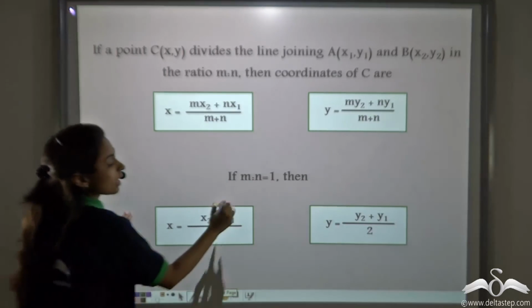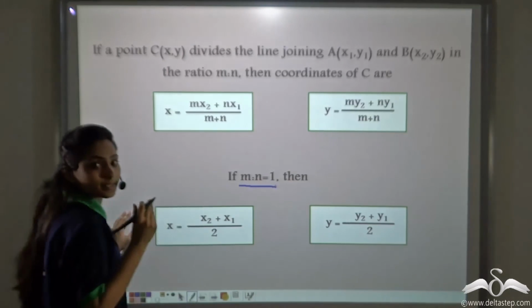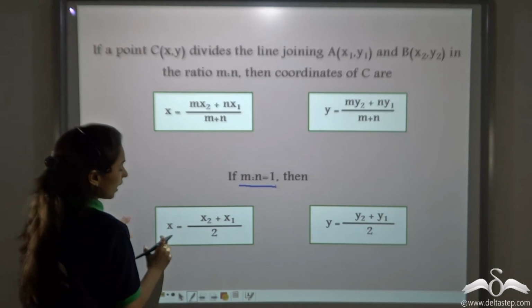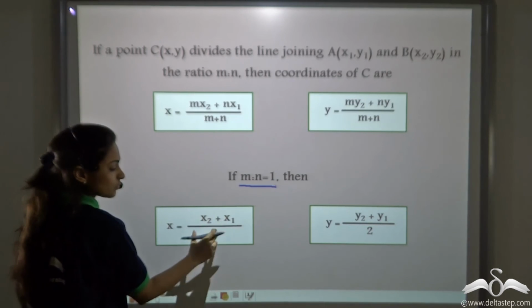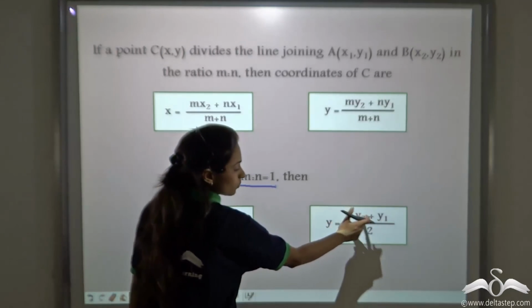And if the case is m is to n is 1, that is it is dividing them equally, then we'll have x as x2 plus x1 by 2 and y as y2 plus y1 by 2.